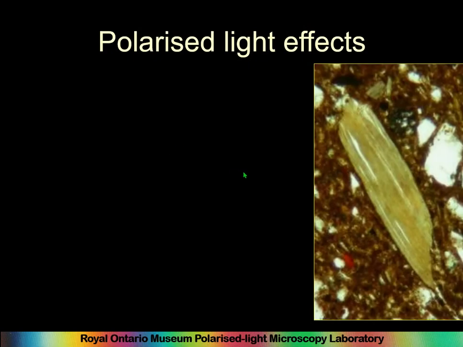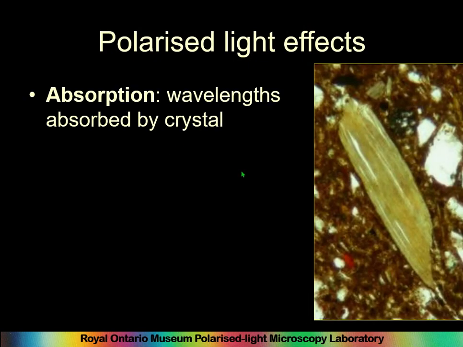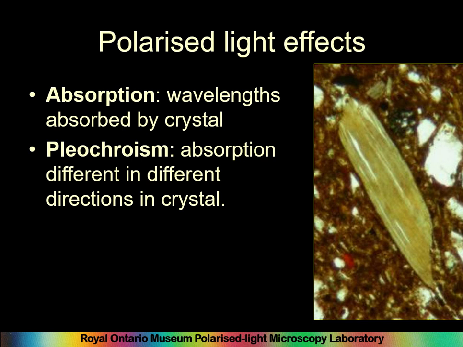So polarized light effects, this is plain polarized light, include absorption, which is that wavelengths of light are absorbed by the crystal. What that means is it has a color. And what's interesting about that is when you're looking at it in plain polarized light, and then you rotate the stage, it changes color. That's called pleochroism.